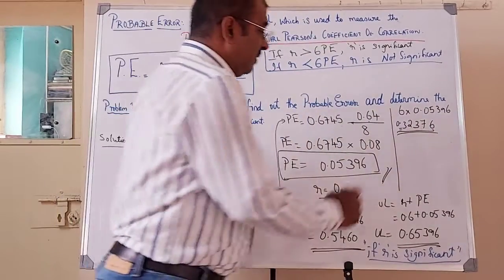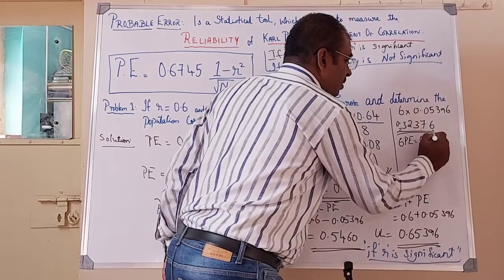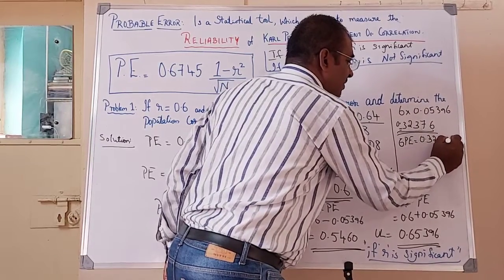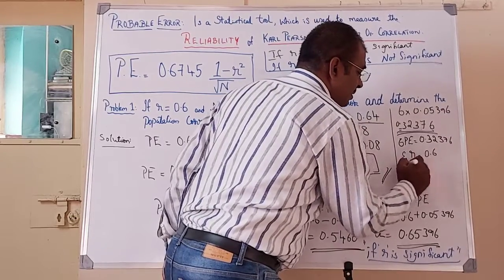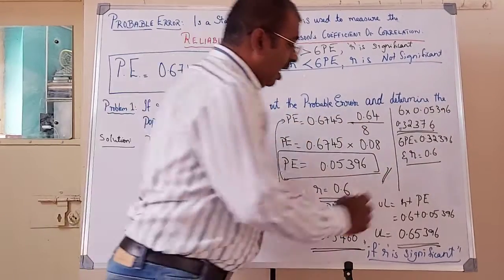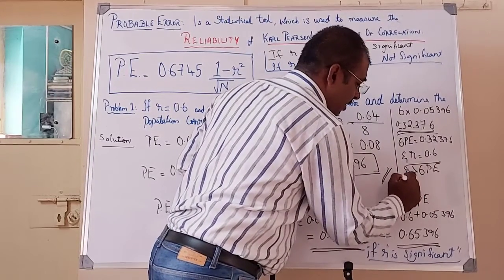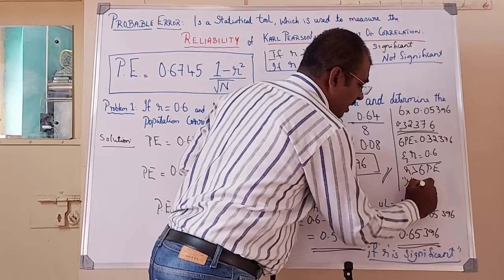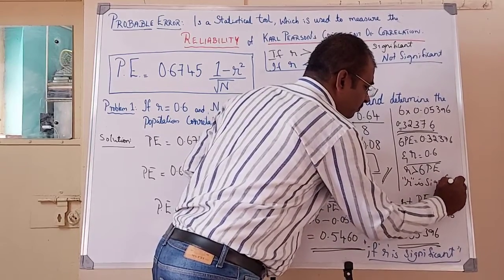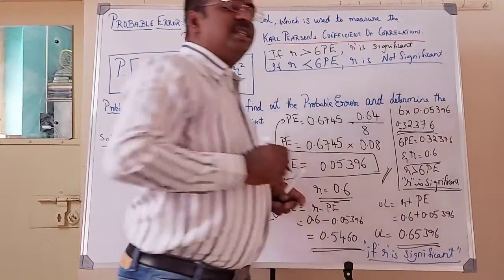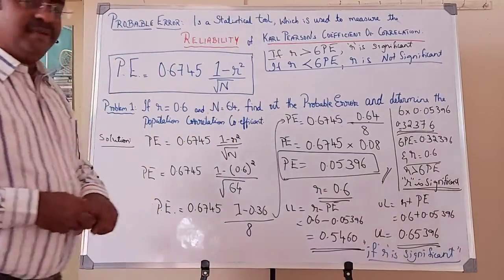So the value of 6 times probable error is equal to 0.32376, and what is the value of r? It is 0.6. So since r is greater than 6 times probable error, our conclusion is that r is significant. So this is how we find out whether r is significant or not significant.